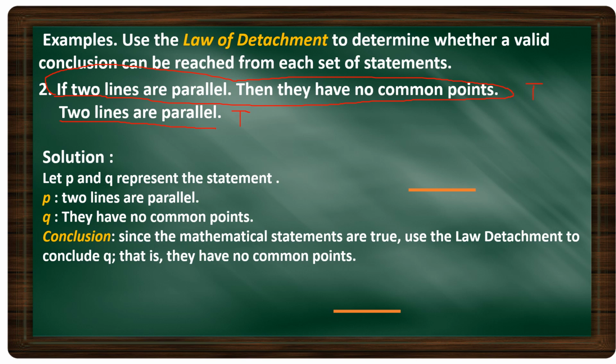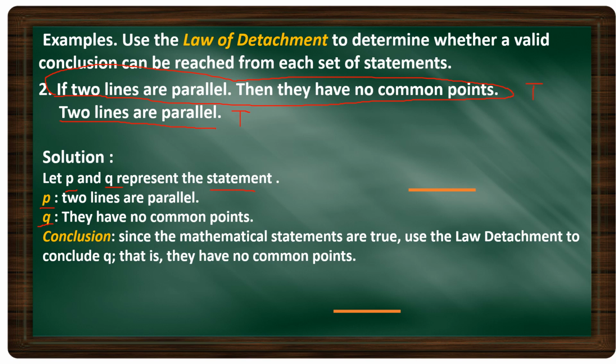So to solve for that, we need our P and Q represented by our statements. Our P, or the hypothesis, is two lines are parallel. And our Q, they have no common points. So our Q, remember, that is our conclusion in the given conditional statement.